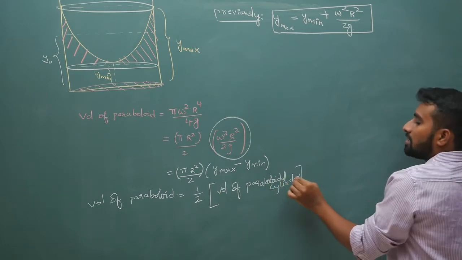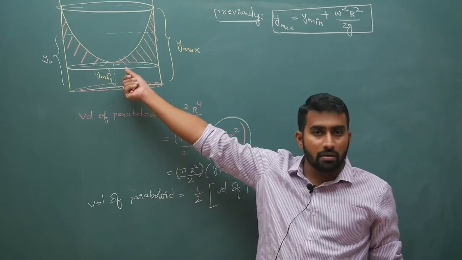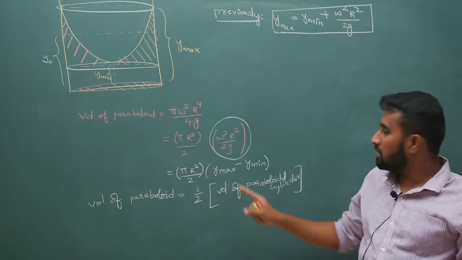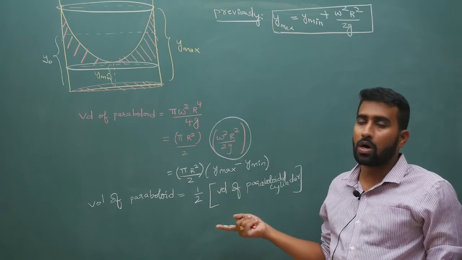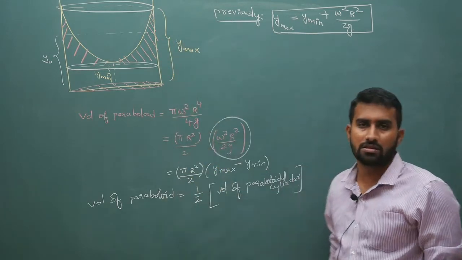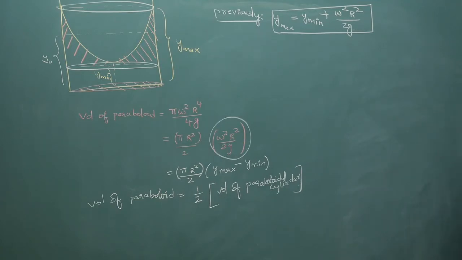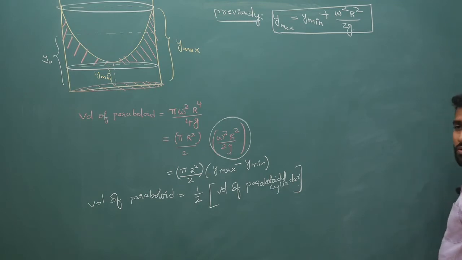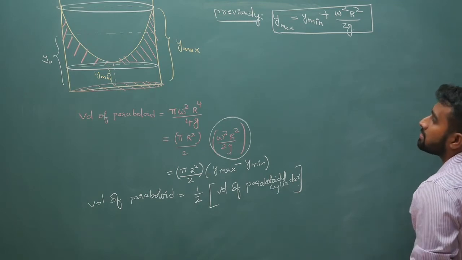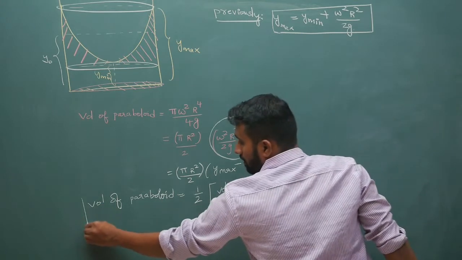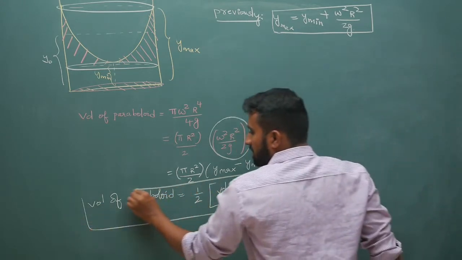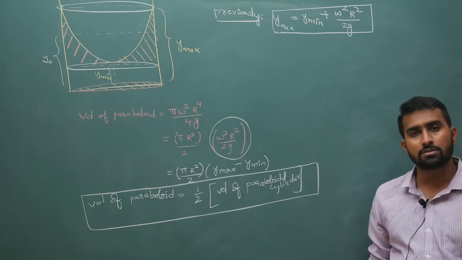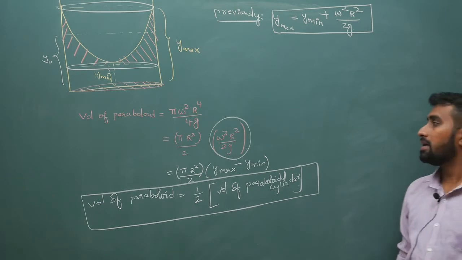Whatever cylinder this paraboloid is forming, half of that volume, because area of base into height is volume. So this cylindrical portion's liquid, half of the content. Any doubts, please let me know. So you are going to get this volume as this much. Your volume of paraboloid is half the volume of the cylindrical portion in which that parabola is present.